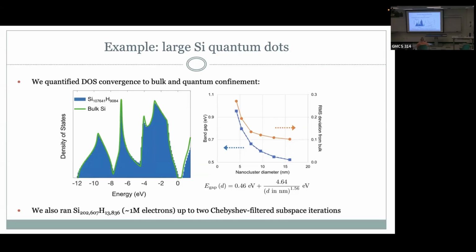Okay. And then on the other side, the empty states? It is not computationally too costly to include more states that are empty. There is nothing terribly hard about including more empty states, and we do include a lot of empty states if we are interested in optics, for example. Oh, okay. Yeah.